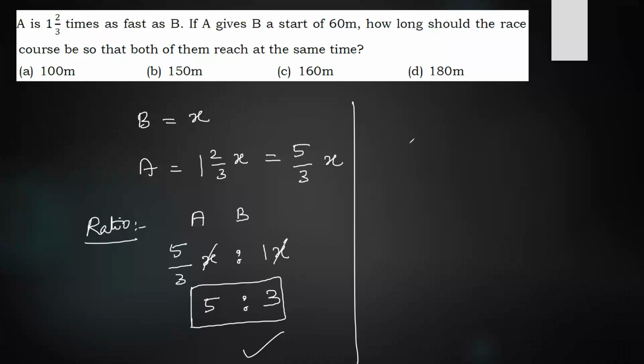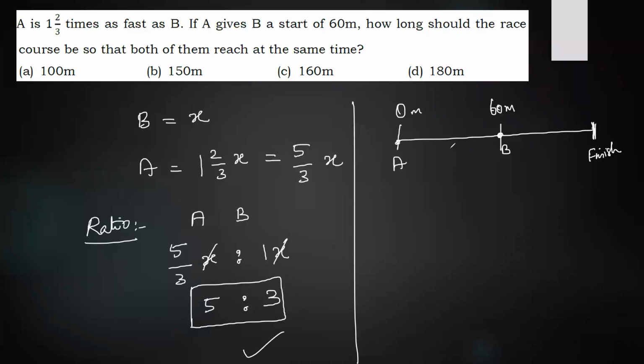Is it clear? Listen carefully here. What is the meaning of A gives B a start of 60 meter? Suppose in a race, this is the final point, the finishing point, and the start point is here.